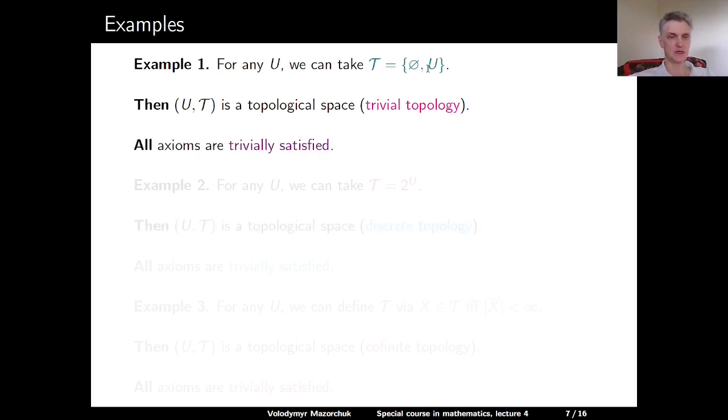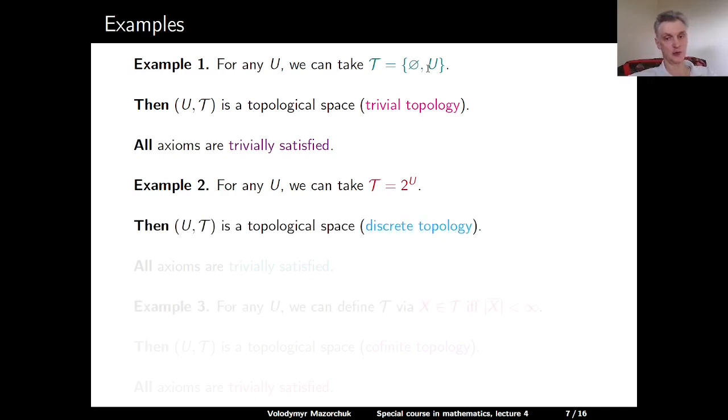So all axioms are trivially satisfied. Example 2. For any set U, we can take the topology on U which consists of all subsets of U. Then we get a topological space. This is usually called the discrete topology, and all axioms are trivially satisfied, because the topology contains all the subsets of U.